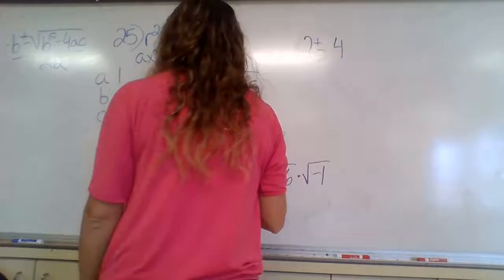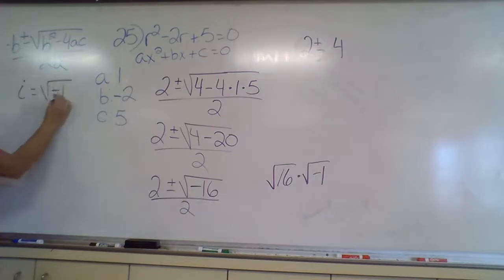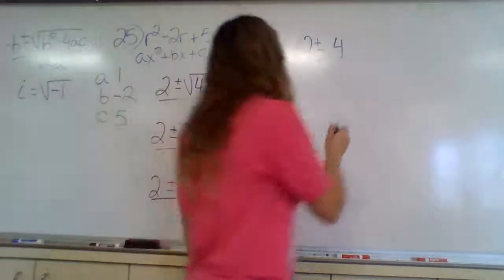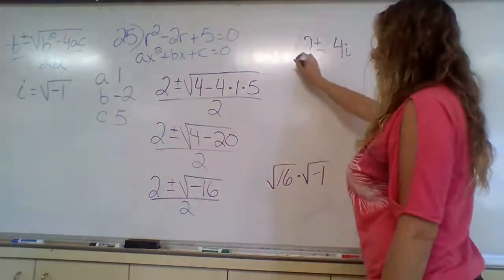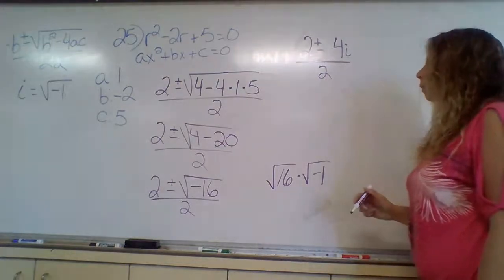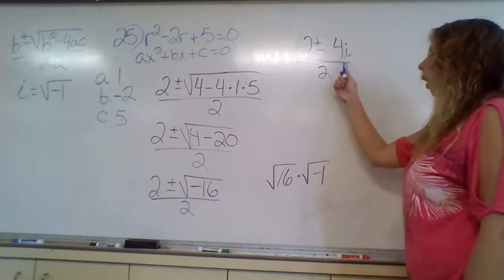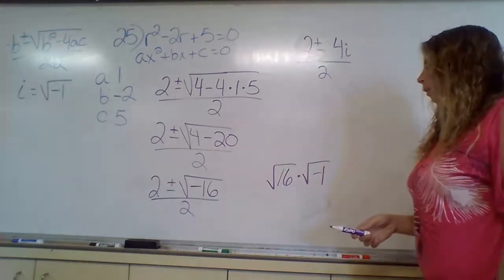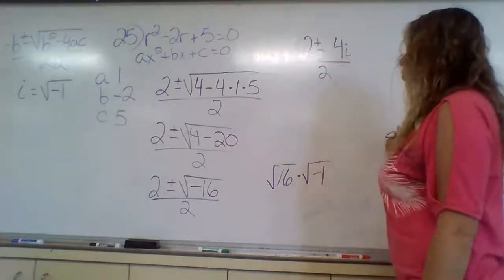Why did I erase it? I'll put it over here. i equals square root of -1. Okay. So remember, this is all over 2. So the square root of -16 became 4i. All right. Last step is just to divide.